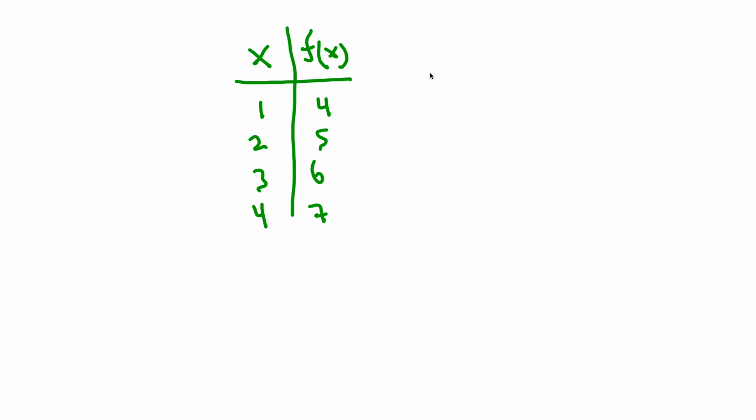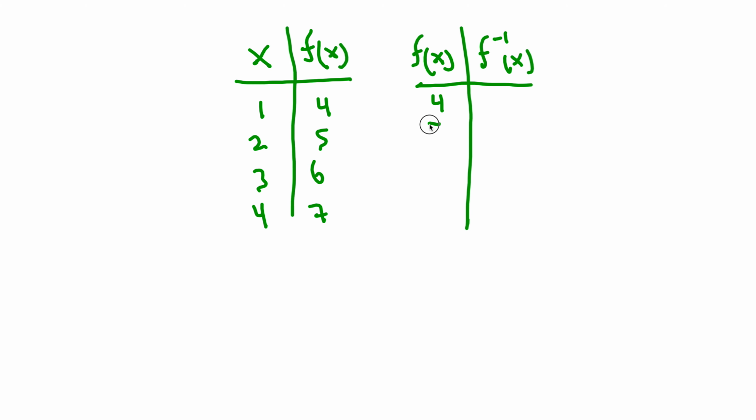Then the inverse would have a new independent variable, which is technically f of x, and it would have a new output, which would be f inverse of x. This may seem confusing, but it means 4, 5, 6, 7 would go in, and 1, 2, 3, 4 would come out.